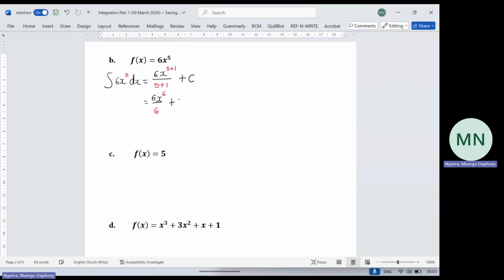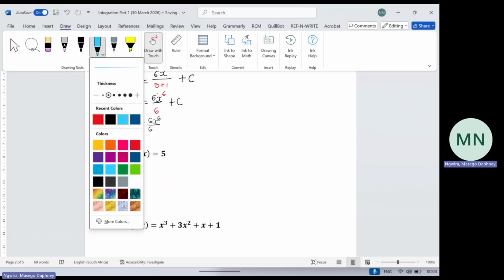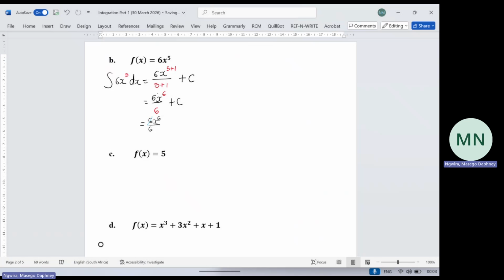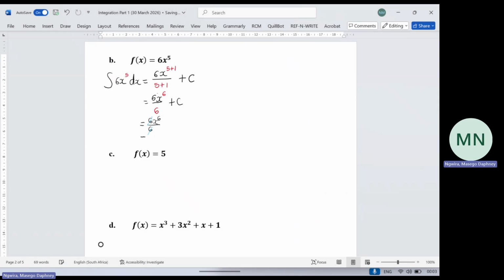And then don't forget to say plus c. Now I'm going to rewrite this step because I want to show you. We have 6, then x to the power of 6, over 6. The 6 and the 6 are going to cancel. Then my answer is x to the power of 6, plus c.